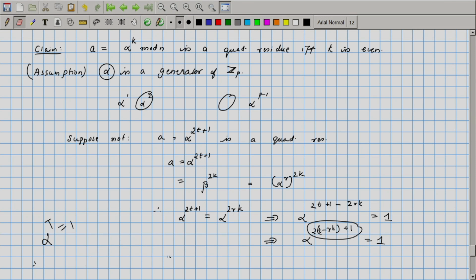Okay, so we can write this down as follows: 2 times t minus r k plus 1 should be a multiple of p minus 1 and thus an even number. Okay. So, that will give us the required contradiction.